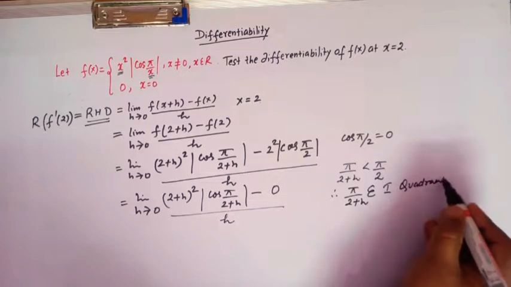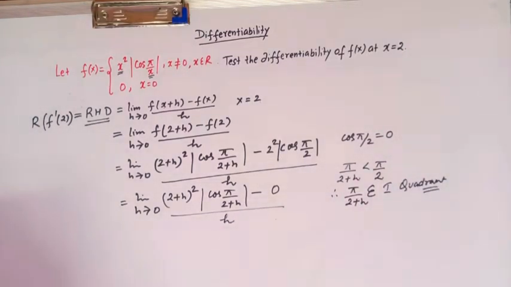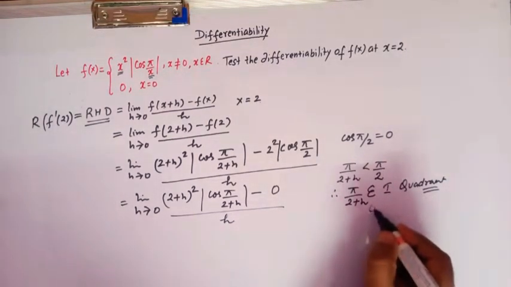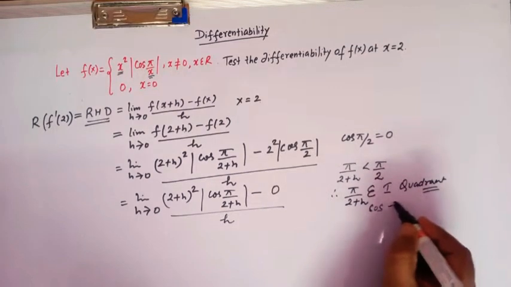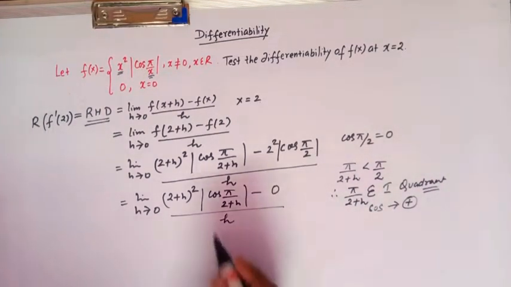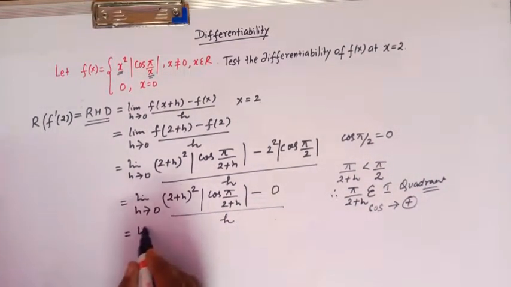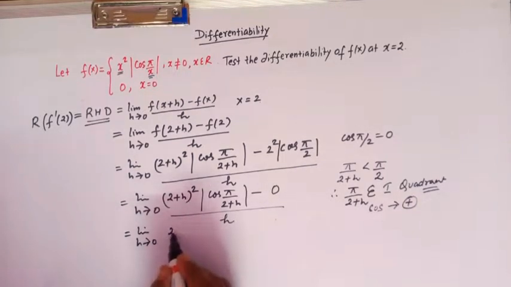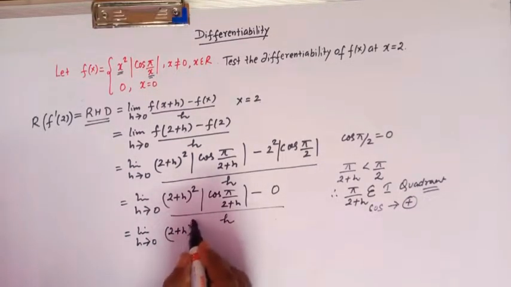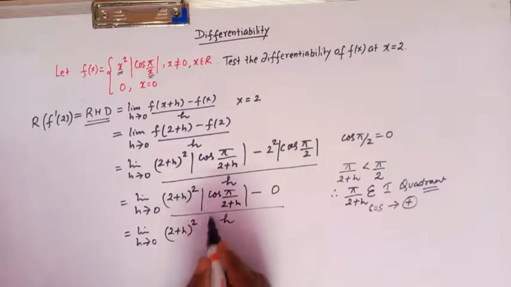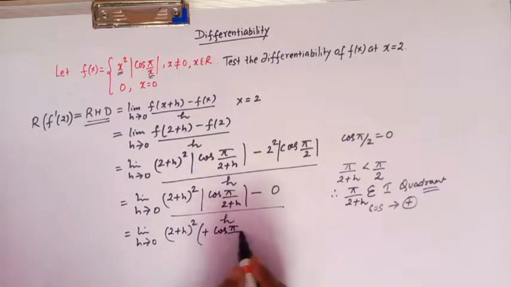So this belongs to the first quadrant, and in the first quadrant cos function is positive, right? So now we can write limit h tends to 0.